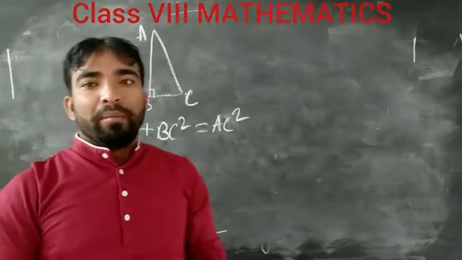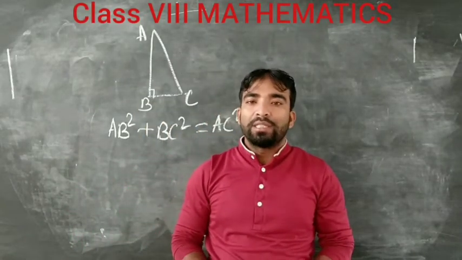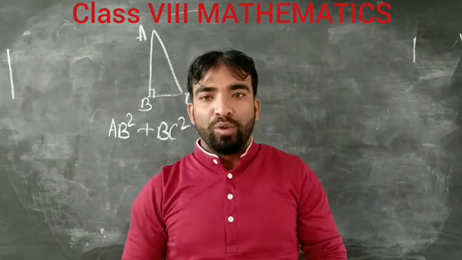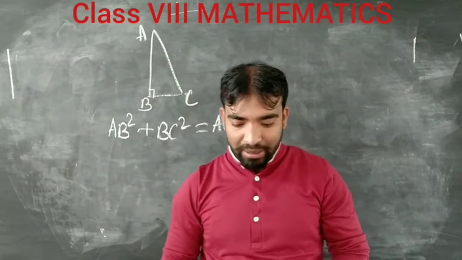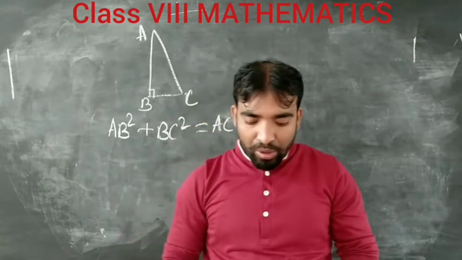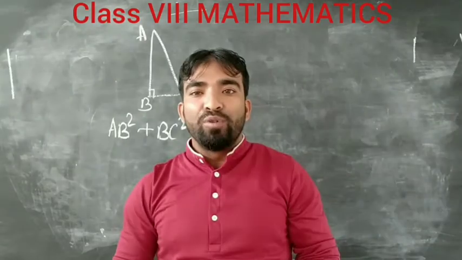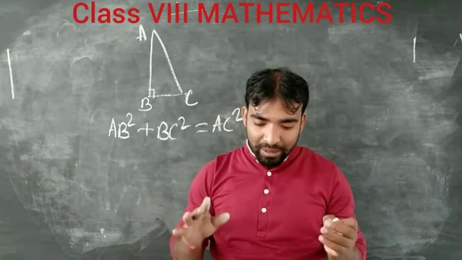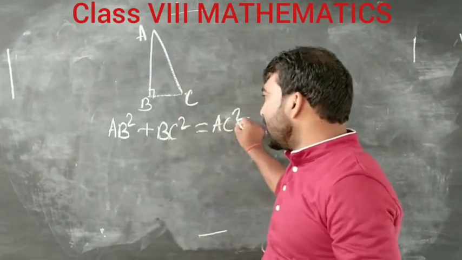So in the case of a Pythagorean triplet also, the sum of the squares of the smaller two numbers will be equal to the square of the third number, that is the greater number. So to find the Pythagorean triplet, the question will be like that. They will give you one number, which is one of the Pythagorean triplet. In the Pythagorean triplet we will get three numbers.